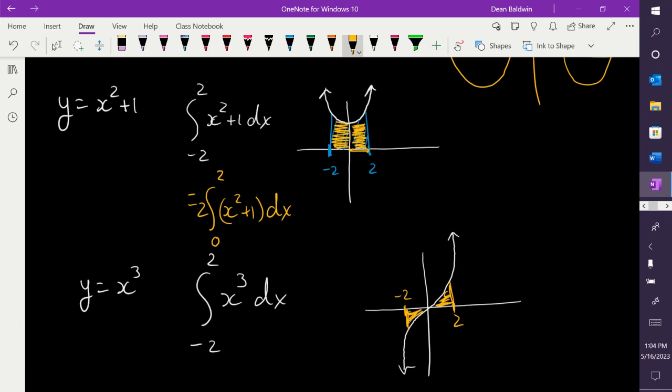What do you know about those two areas? They're the same, but one will be negative, right? Because it's below the x-axis. So what's the value of the integral? It's 0. If it has symmetry with the origin, this area is the same as this area, but because this is below the x-axis, it has to be negative. So when you add them together, you should get 0.